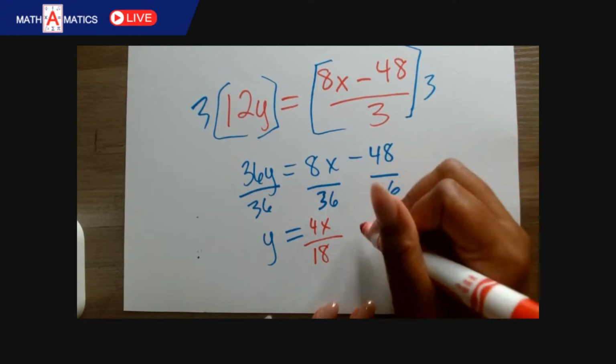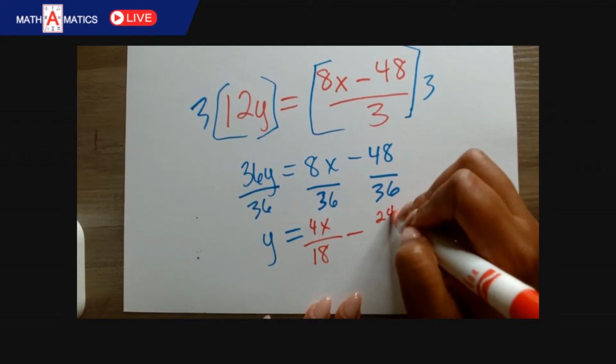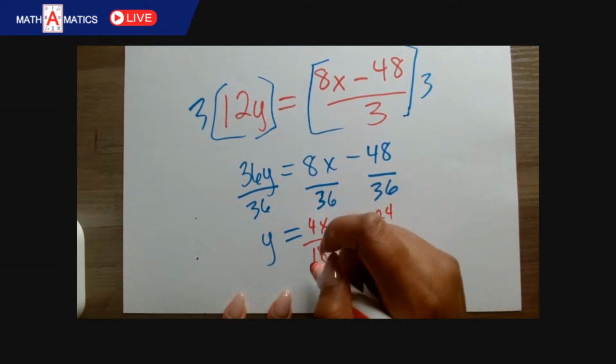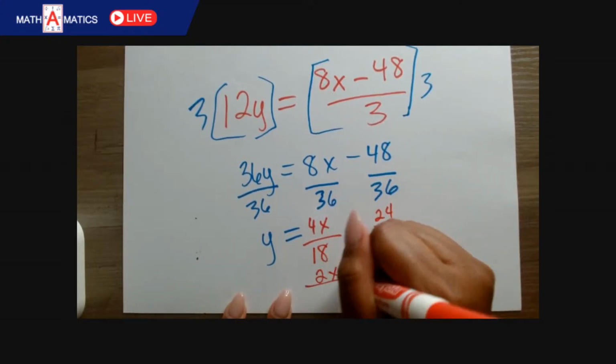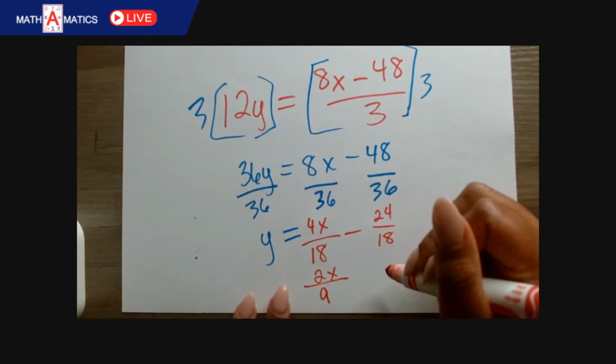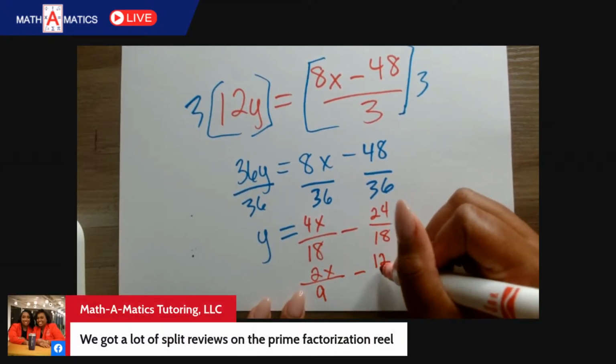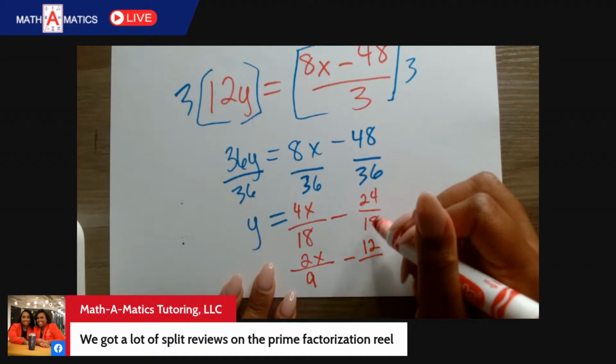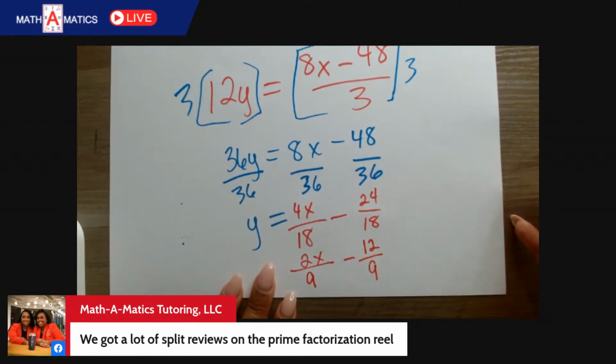is 18. And then same here, we could do 24 over 18. Well, let's split them again because they still can go. So that's 2x over 9. And here that's 12 over 9 as well.